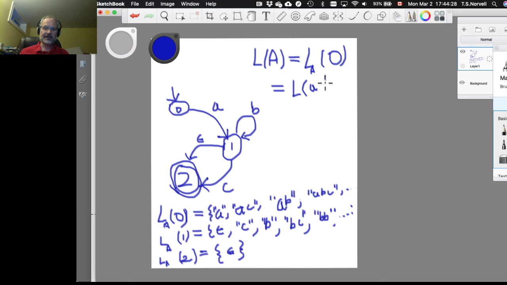So we have an A followed by any number of B's, followed optionally by a C. Remember the superscript question mark was a way of saying that something is optional. Okay, and that's a regular expression, so I'll underline it.